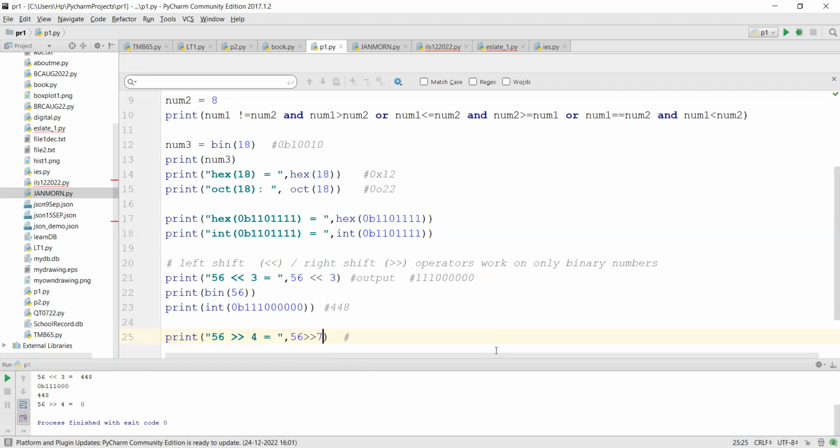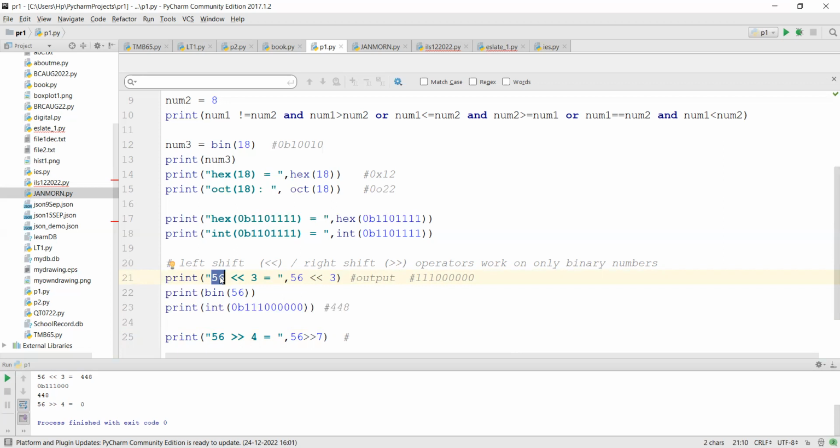So this is your left shift. Exactly what happens is that this integer number gets converted into binary and you are dropping the value 1 by 1. When you do left shift, the number gets multiplied by 2. When you do right shift, the value gets divided by 2. Ignore the decimal point, we don't consider it.